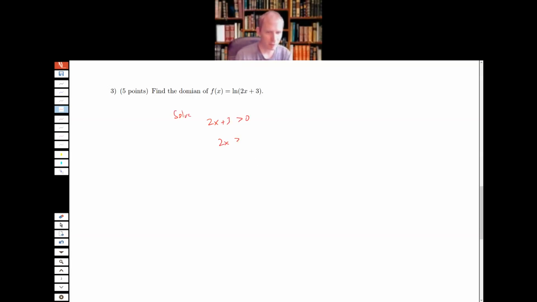So we subtract 3 and divide by 2. So we see that x has to be bigger than negative 3/2, so the domain is negative 3/2 to infinity.